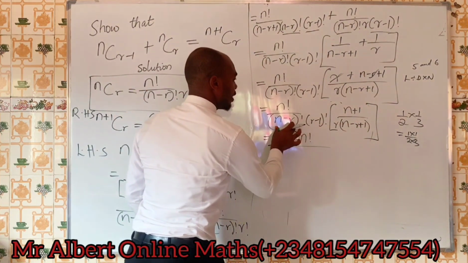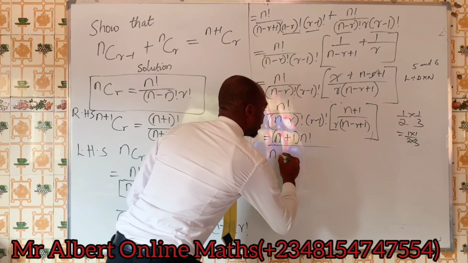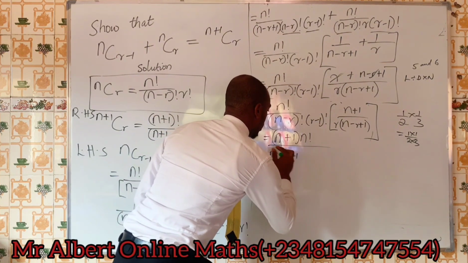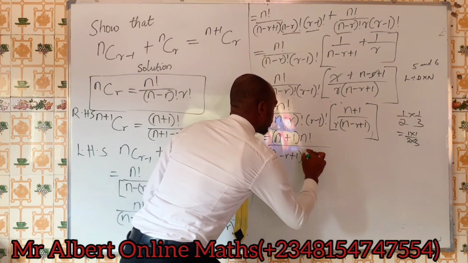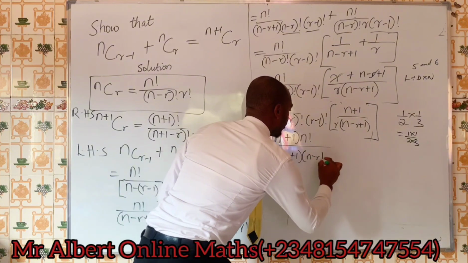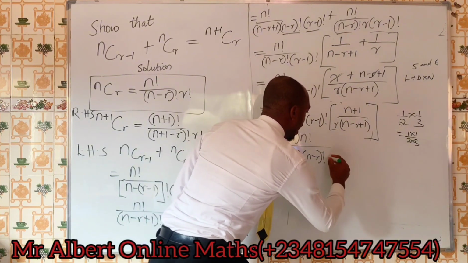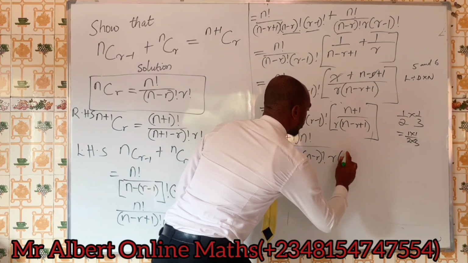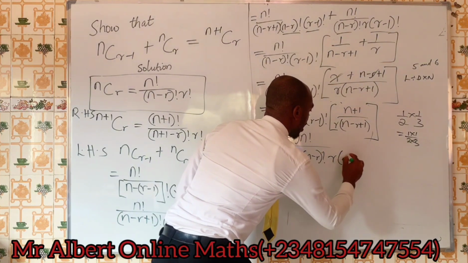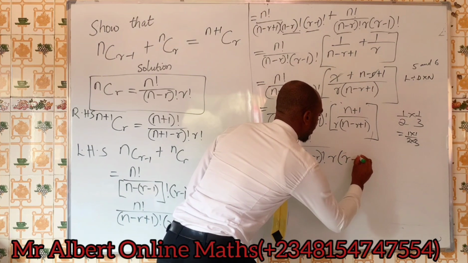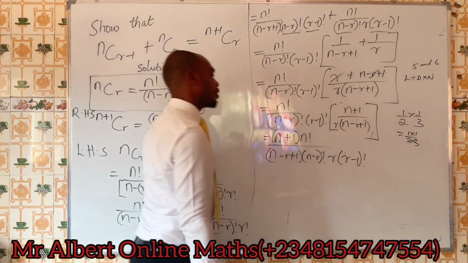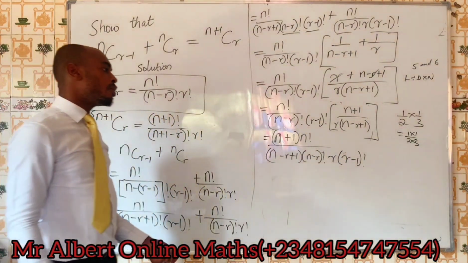This will go with this. So what I have is n minus r plus 1 times n minus r factorial. Then we have r times r minus 1 factorial. So what do we mean by this?